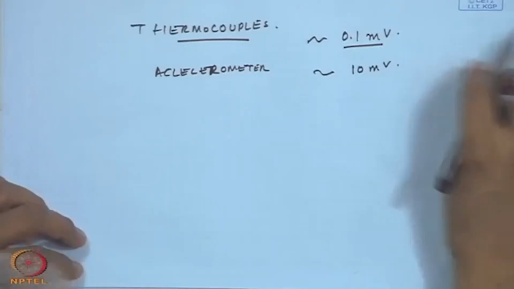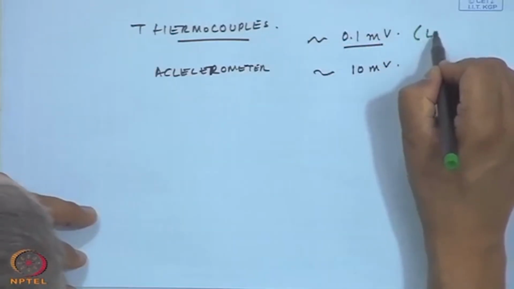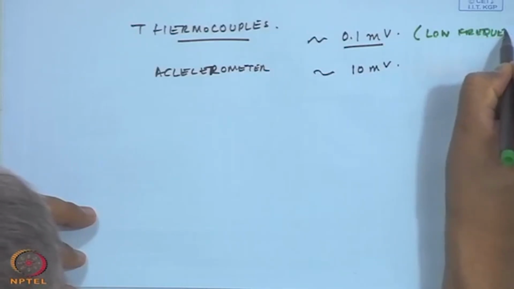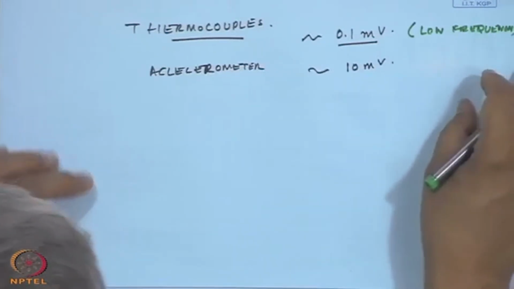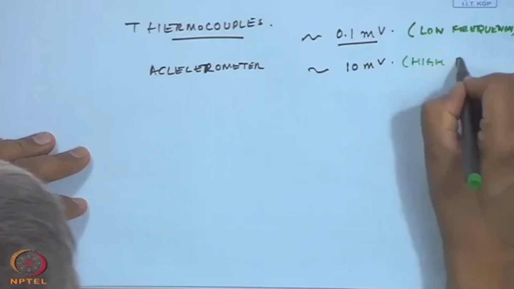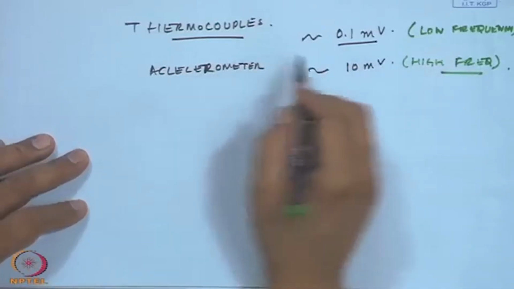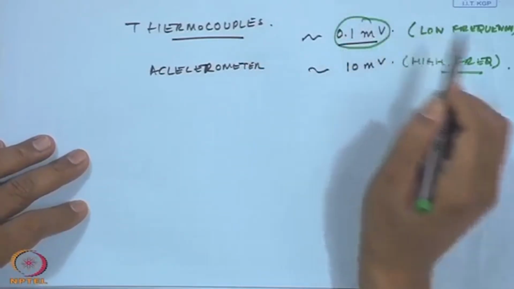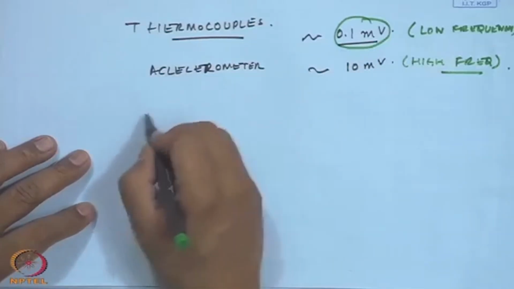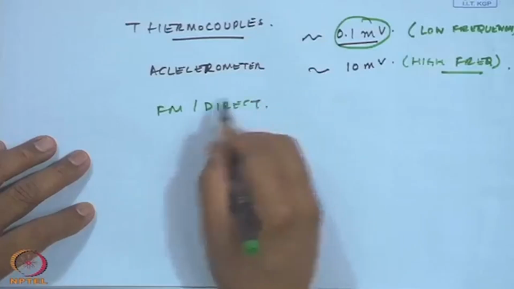These are basically low frequency signals, and these are relatively high frequency signals. Now, for a signal around 0.1 millivolt, it would be very difficult to measure by FM or direct recording.